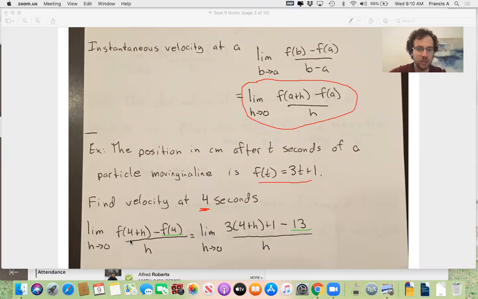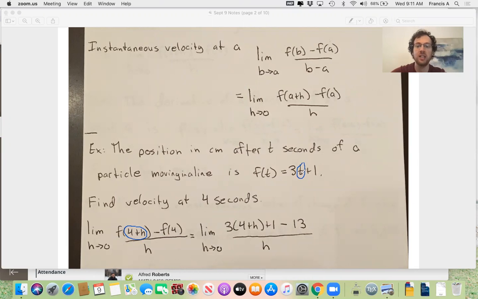For the other part, we're finding f of 4 plus h. What is happening here is that whatever you're putting in here, 4 plus h, is being substituted in for this t. So this 4 plus h is going in for this t.